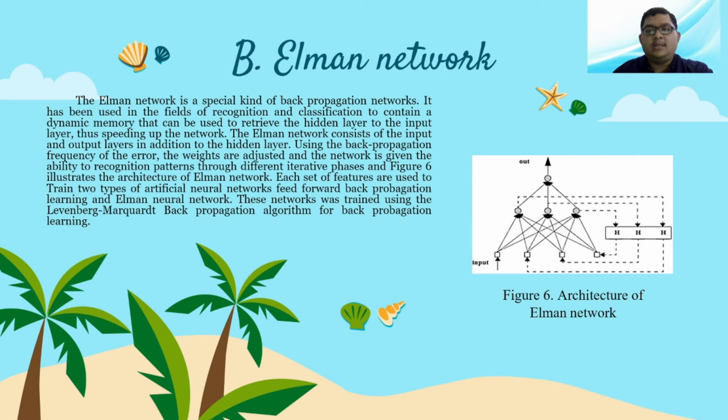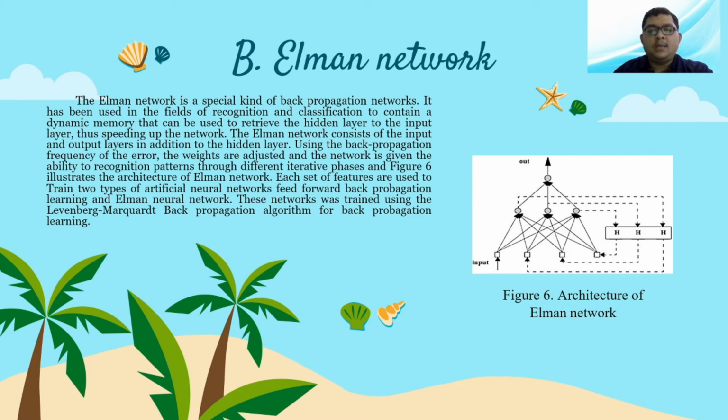B. Elman network. The Elman network is a special kind of backpropagation network. It has been used in the fields of recognition and classification because it contains a dynamic memory that can be used to feed the hidden layer back to the input layer, thus speeding up the network. The Elman network consists of the input and output layers in addition to the hidden layer.